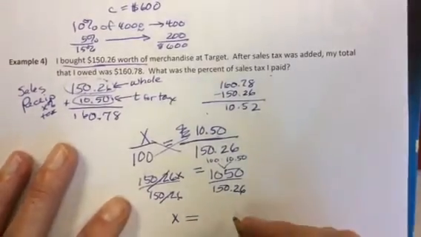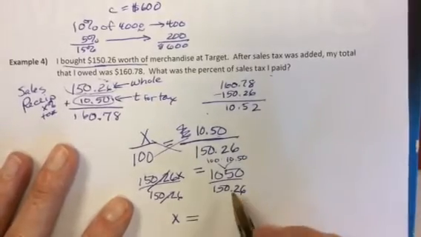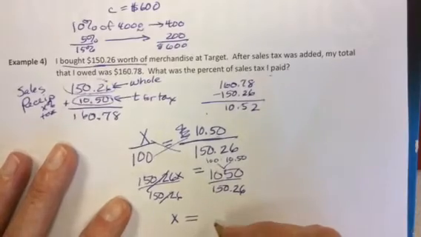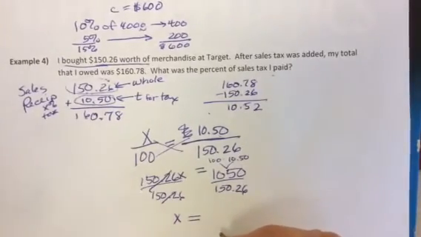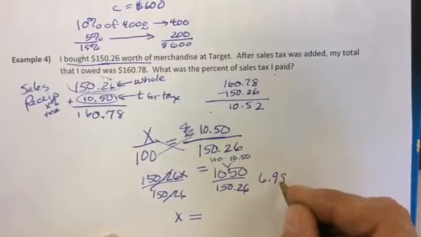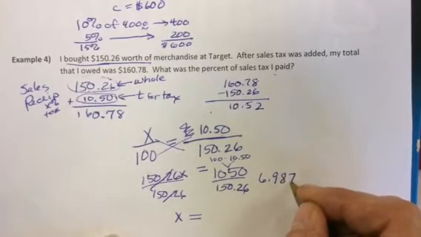That's going to be X, or T for tax, whichever one you use. That's going to be 1052 divided by 150.26. Let me do that real quick. 1052 divided by 150.26, which we're going to get 6.987.